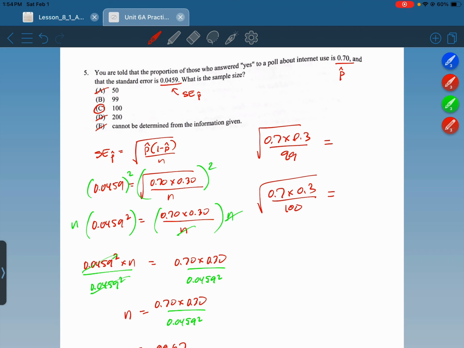Okay, so the first gives 0.04605. There's some other digits there too. The other one gives 0.04582. All right, so I think I'm still going to go with 100, right? That value is closer to the given standard error than this one is. That one goes a little bit over, too much.